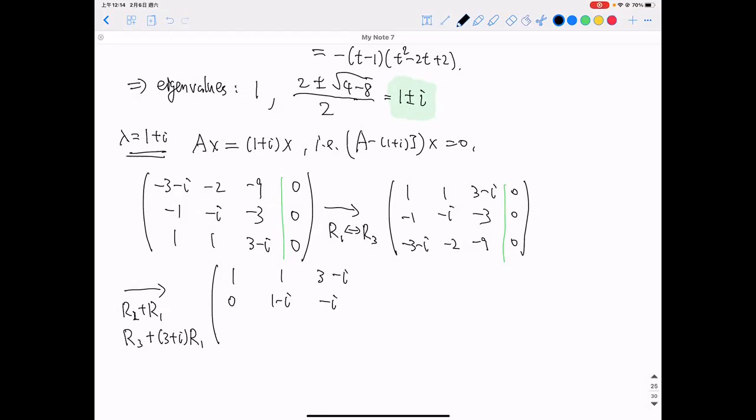Minus 3 minus i, plus 3 plus i is 0 as expected. Then you get 3 plus i from here and negative 2, so 1 plus i. Now finally, this is 3 minus i times 3 plus i. So what is it? That's 9 plus 1, that's 10. 10 minus 9, that's a 1 here. Good.